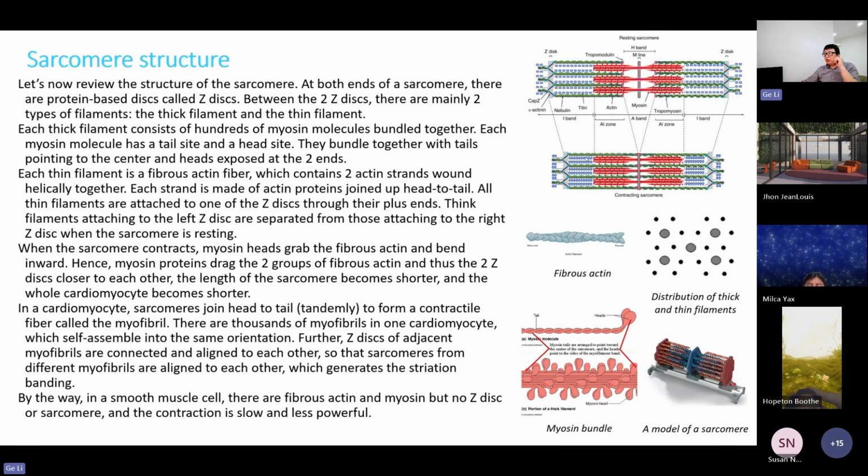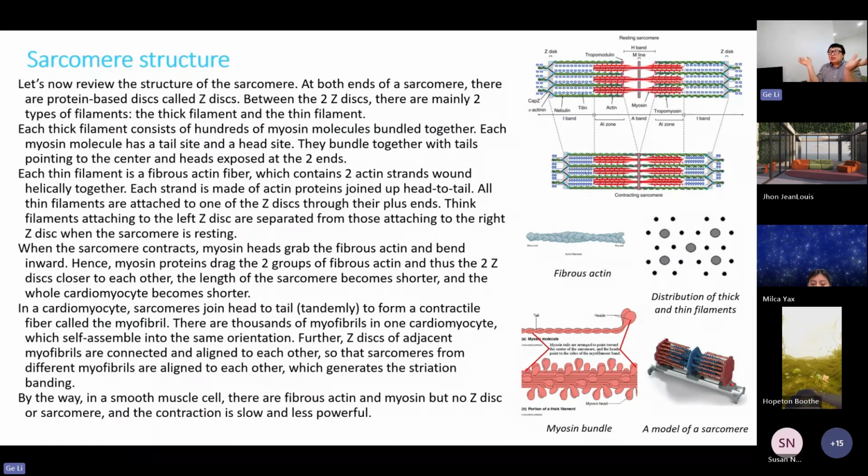Here I'm showing the cross section of how the structure looks. So if this myosin is activated, then this myosin will drag the two groups of actin proteins closer to each other.